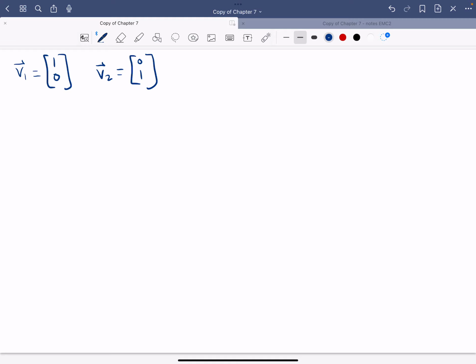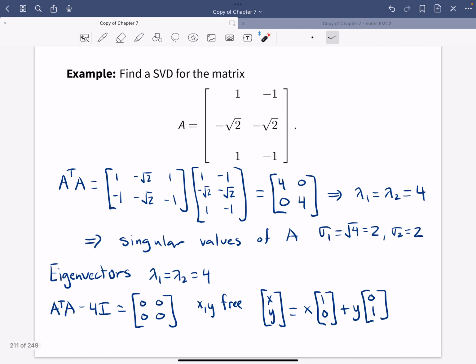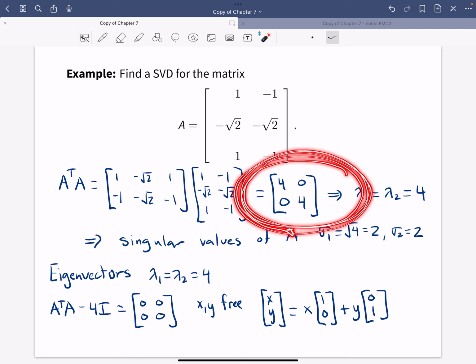Now I want to point out we got lucky on a few facts here. The first is that both of these vectors are already unit vectors, so we don't have to normalize. The second fact is that these are both orthogonal to each other. Now, because A transpose A, which is where these eigenvectors came from, is a symmetric matrix, we're guaranteed to be able to find an orthogonal basis of eigenvectors.